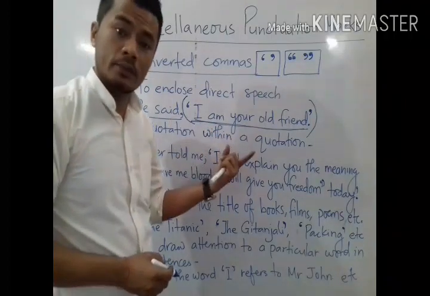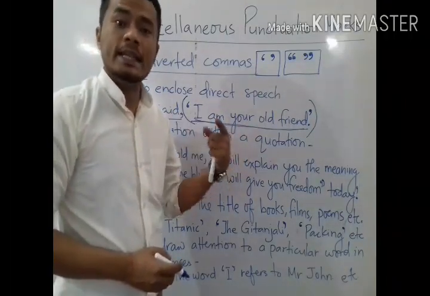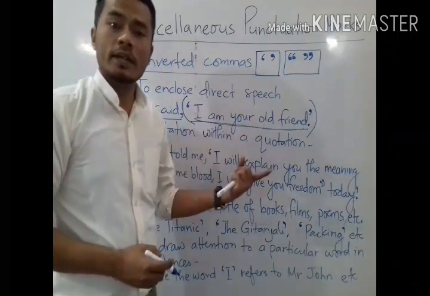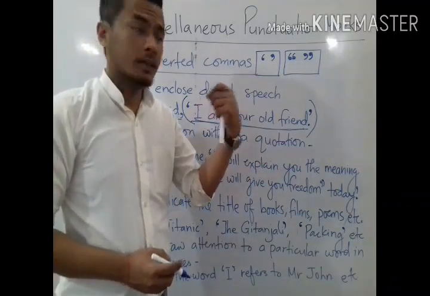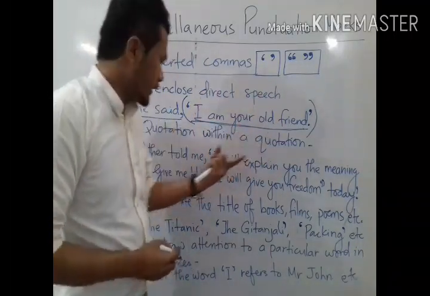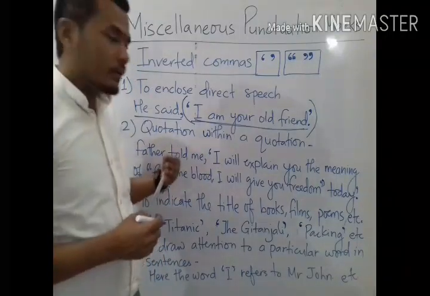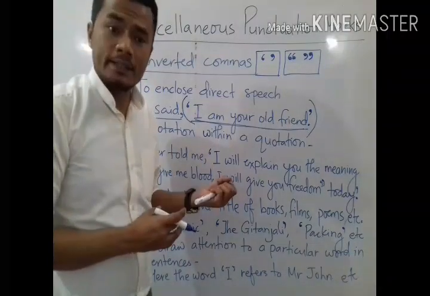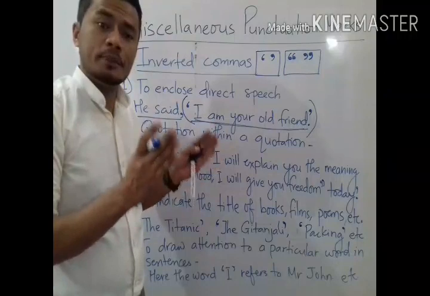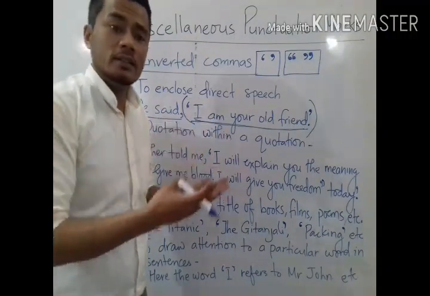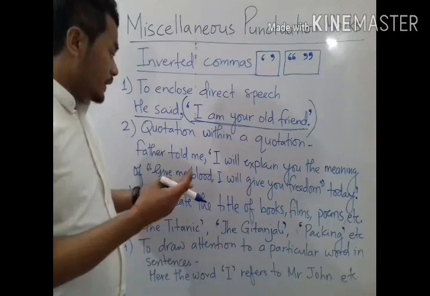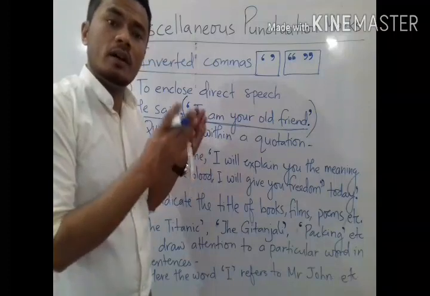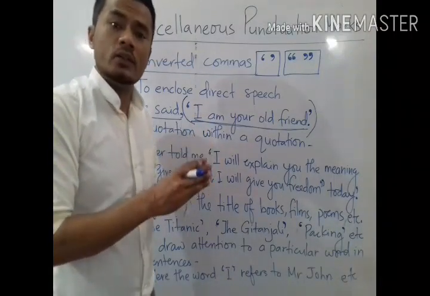Okay. So whenever we are writing sentences in direct speech, we have to enclose the reported speech with single inverted commas. Now, sometimes whenever we are writing sentences in direct speech, that reported speech has another quotation inside it, that means a quotation within the quotation.